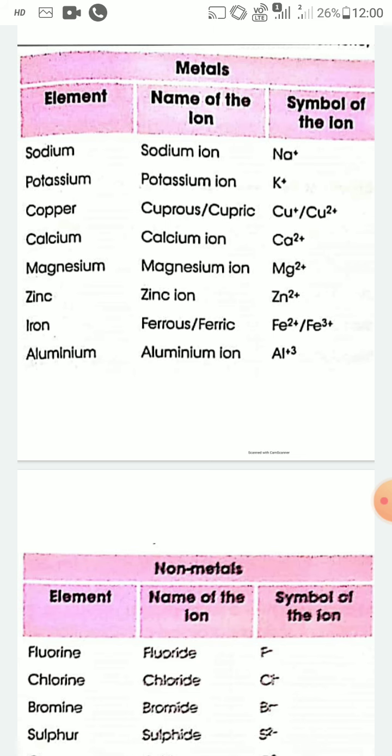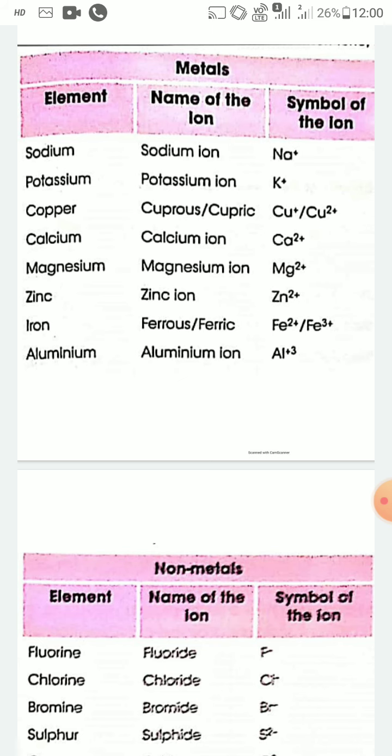Calcium forms the calcium ion, Ca2+. Magnesium forms the magnesium ion, Mg2+. Zinc forms the zinc ion, Zn2+. Iron forms two types of ions, ferrous and ferric, that is Fe2+ and Fe3+.